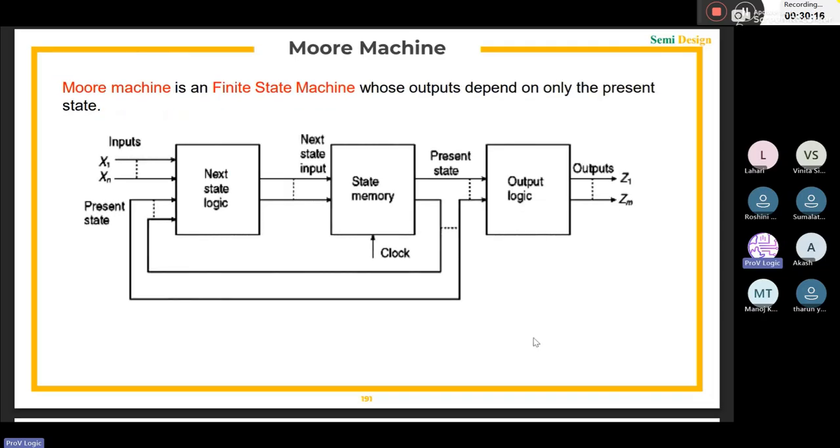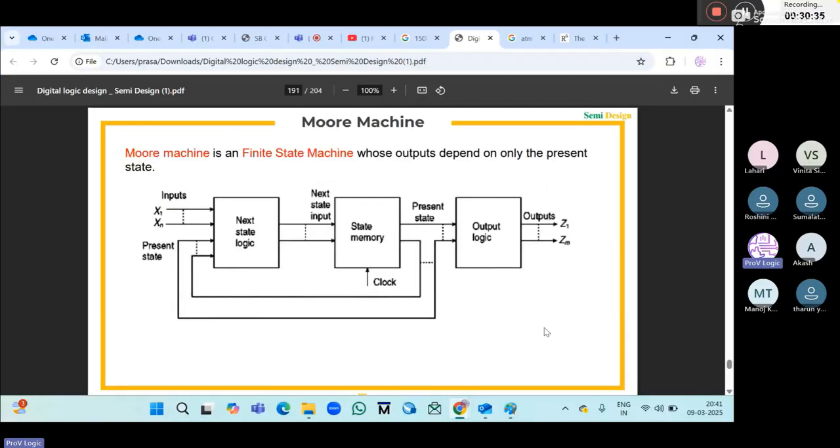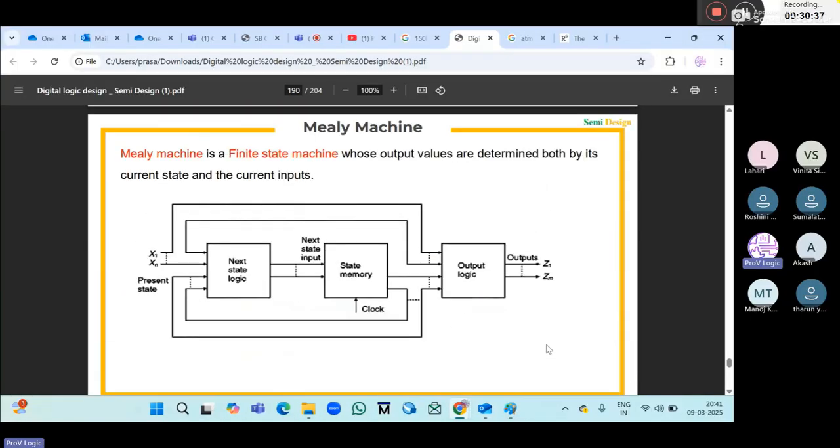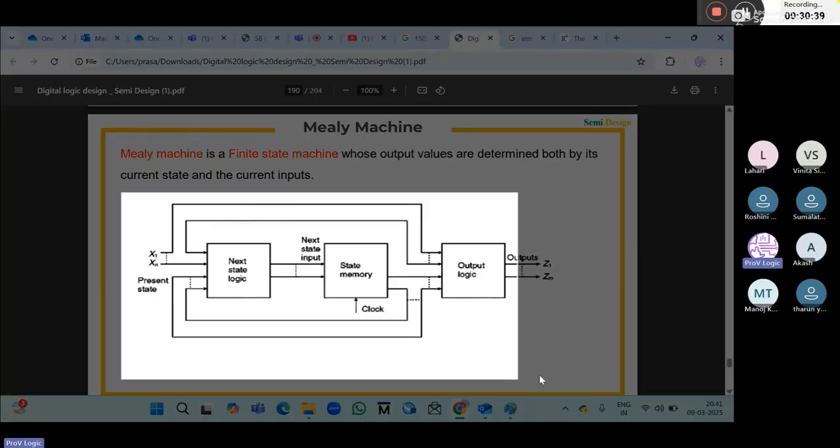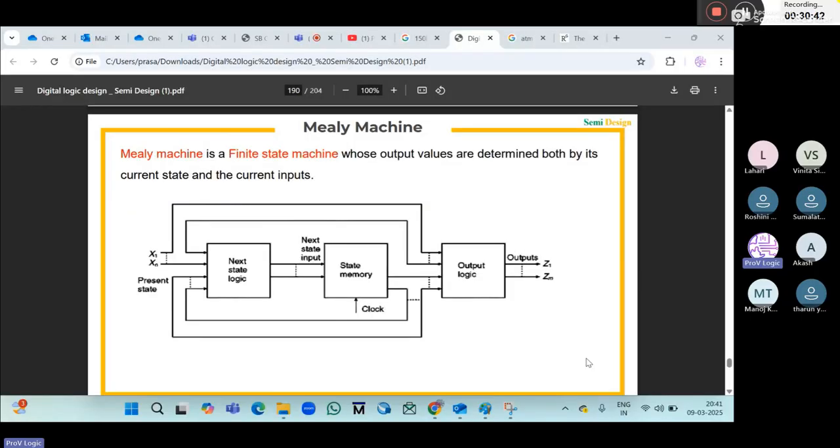Coming to the Moore machine, the output will be dependent only on the present state. Whatever value we get from the present state, only that state output will be considered here. But we have a lot of differences between Mealy and Moore machines, in terms of advantages and limitations. We can discuss both.